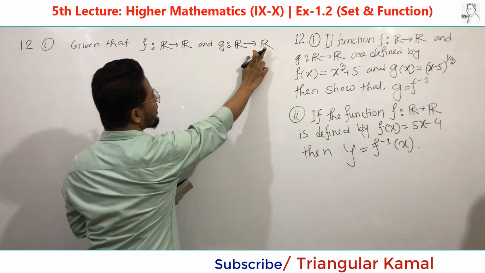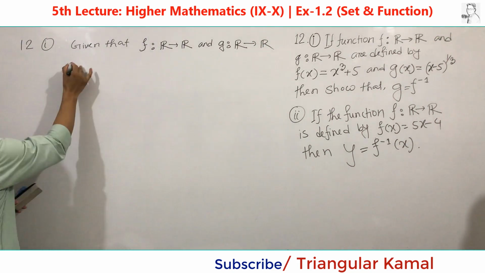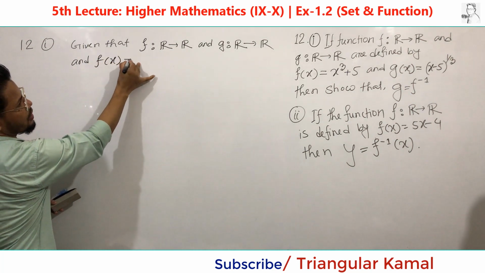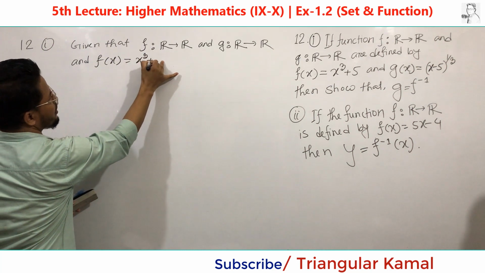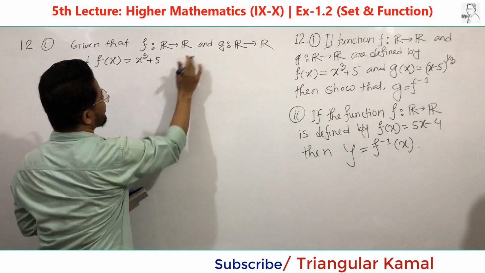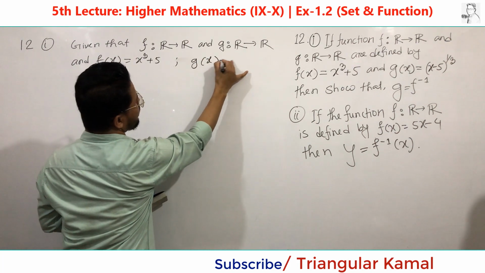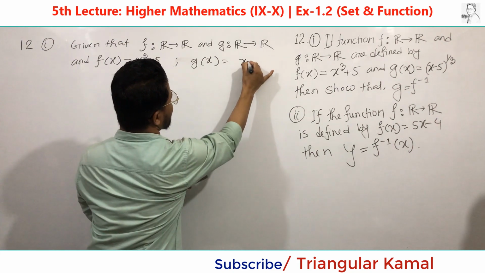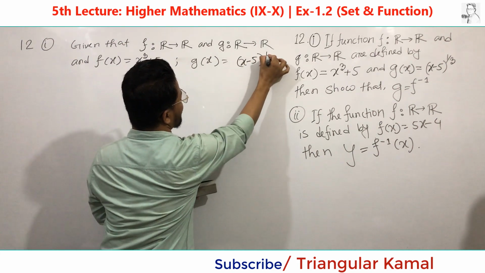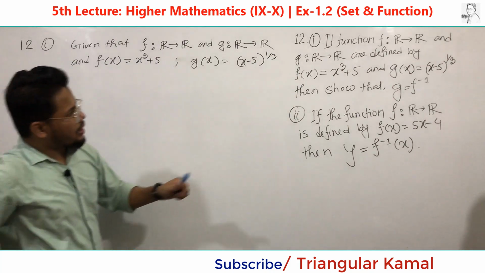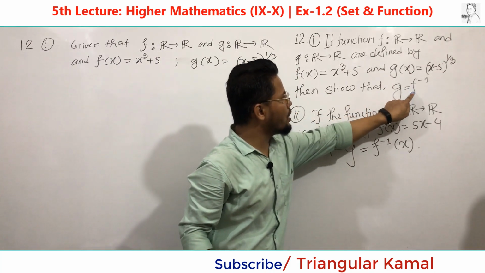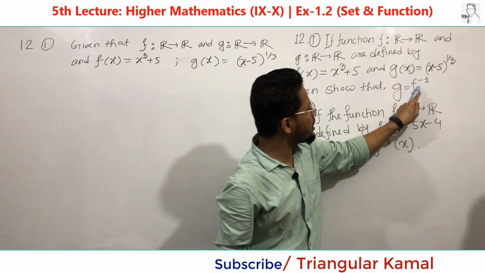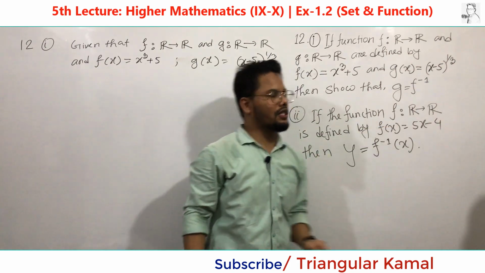The first indicates the domain, the second indicates the codomain. f of x equal x cube plus 5, g of x equal x minus 5 whole to the power 1/3. The requirement here is to show that g equal f inverse. That means g is already given here, and you have to find f inverse of x.